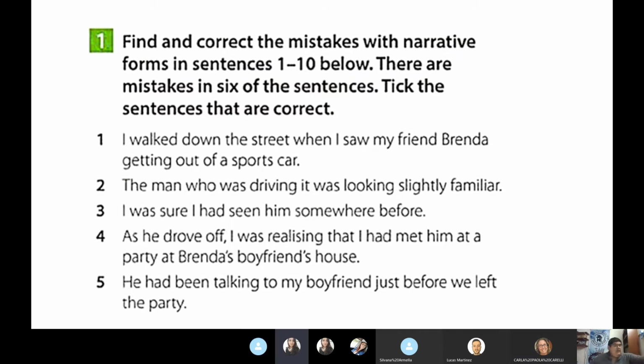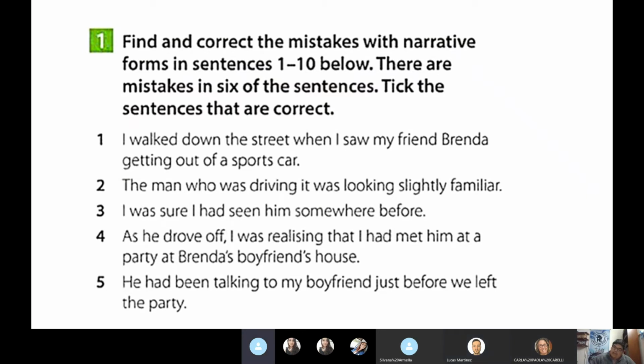I was sure I had seen him somewhere before. Remember that we are talking in the past, so not "I am sure I have seen him somewhere." Now I am telling the story.